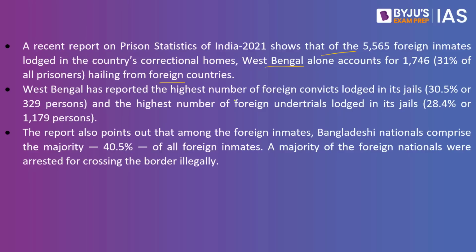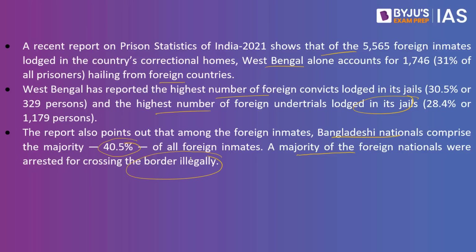West Bengal has reported the highest number of foreign convicts lodged in its jails, 30.5%, and the highest number of foreign undertrials lodged in its jails, at 28.4%. The report also points out that among the foreign inmates, Bangladeshi nationals comprise the majority, that is 40.5% of all foreign inmates. A majority of the foreign nationals were arrested for crossing the border illegally.